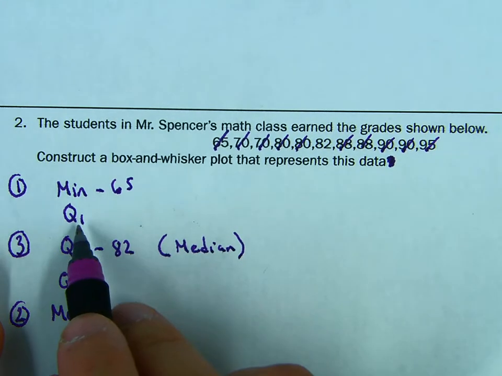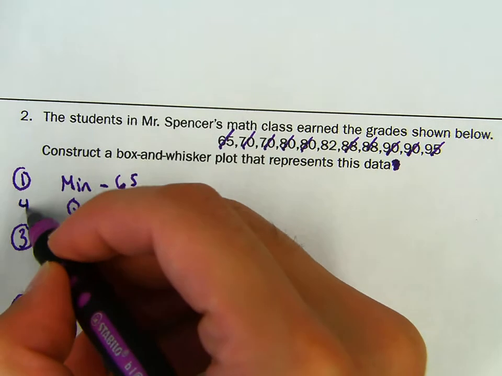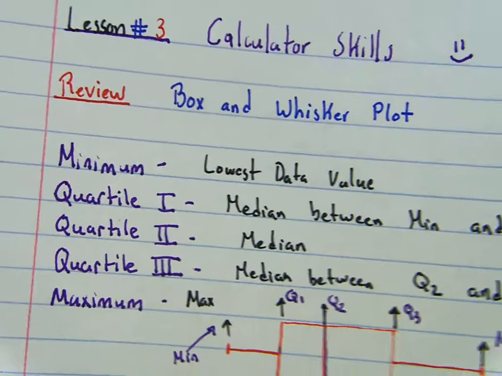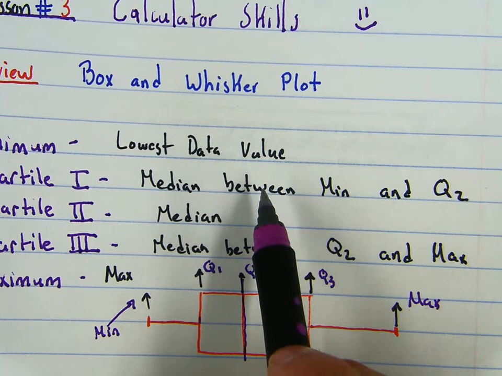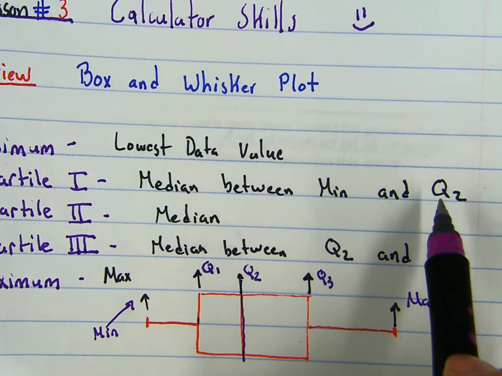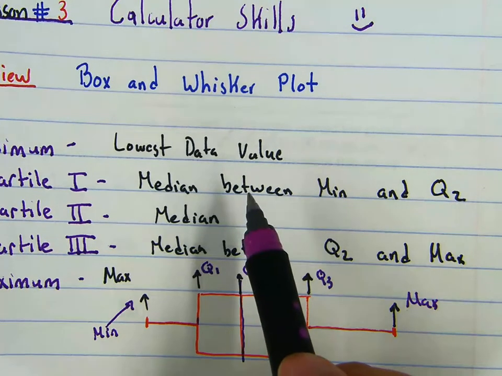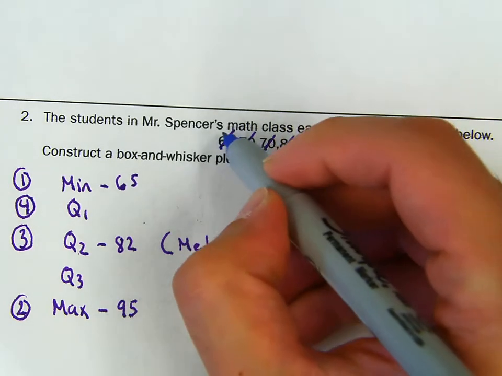But then how do I find Q1? What is Q1? Pause the video and try this on your own. How do I find Q1? Q1 is the median between the min and Q2. So you want to find the median between min and Q2. Where is my min? This is my min.